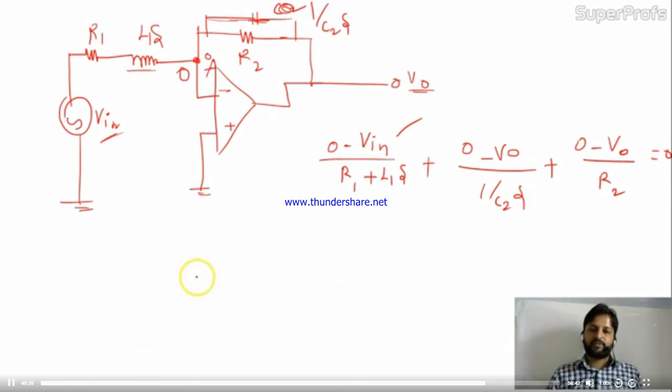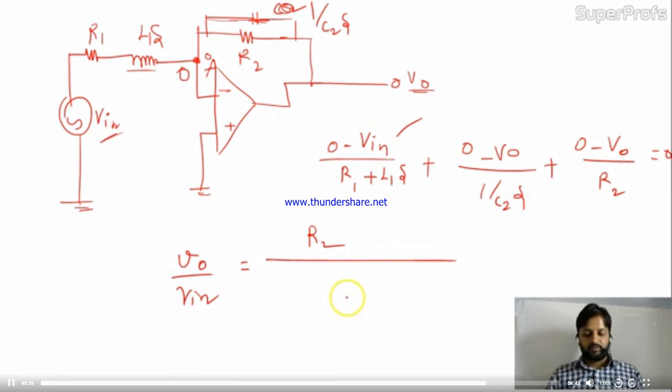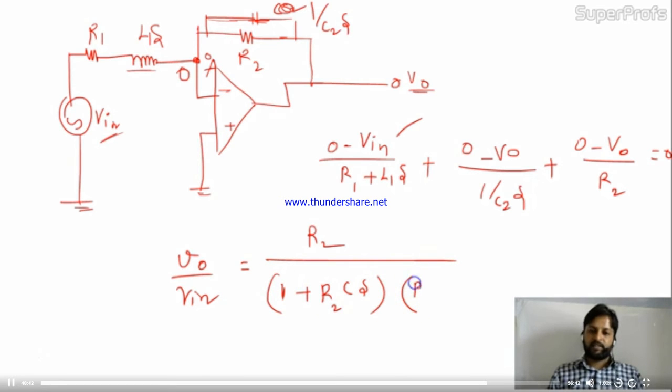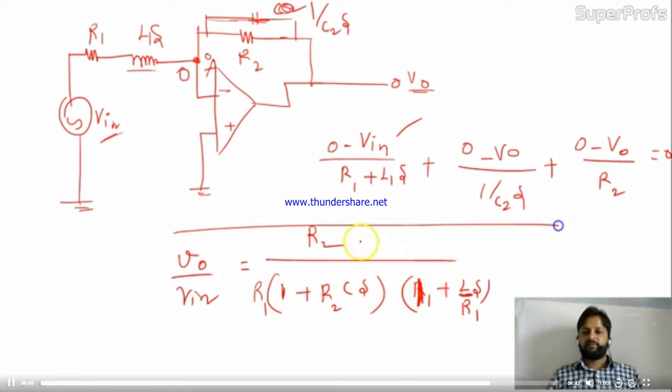If you resolve this equation, you will get V naught by V in, writing directly, 1 plus R2 CS in one term and R1 LS in the other. To compare with the standard form, it should be 1 plus S tau. So here I'll take R1 common, and it becomes 1 and L by R1. This is the transfer function we are getting.